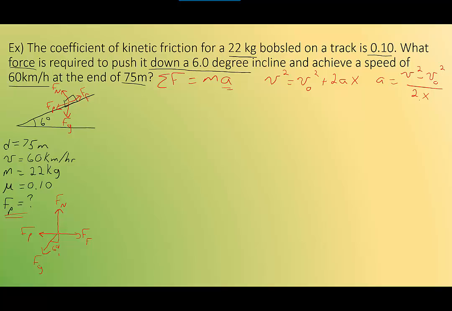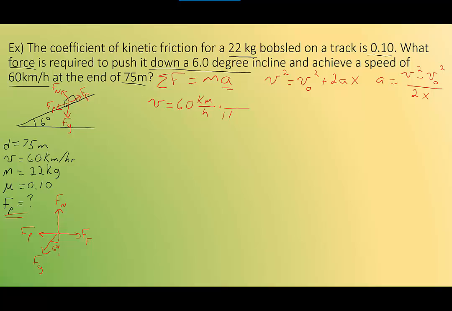Keep in mind, however, that if we want this all to work out in nice units, and our distances in meters and our masses in kilograms, our speed cannot be in kilometers per hour, it needs to be in meters per second. So the first thing I need to do is, I say that our final speed is 60 kilometers per hour. I need to change that to meters per second.